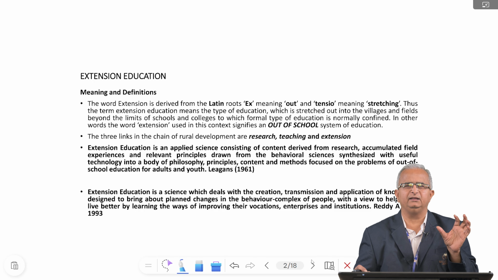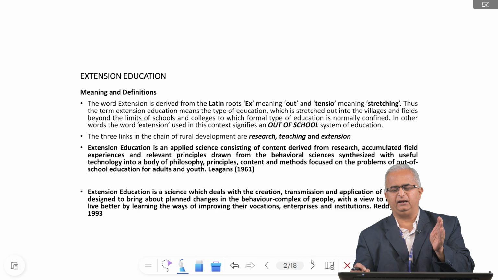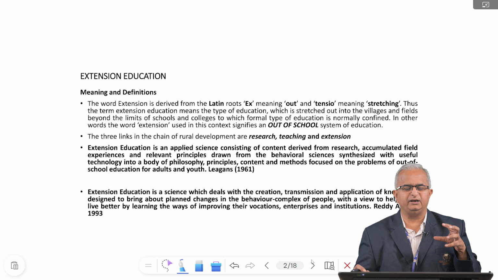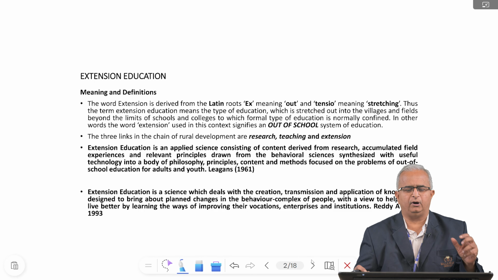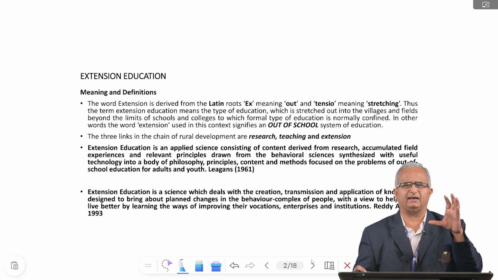Here in this definition, clearly we can tell that we are creating, transmitting and applying the knowledge designed to bring about planned changes. Whatever changes we want in the rural communities and in the behavior complex of the village people, there is a certain plan involved.